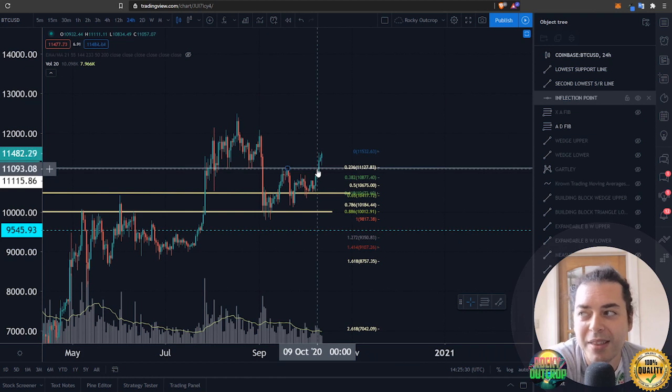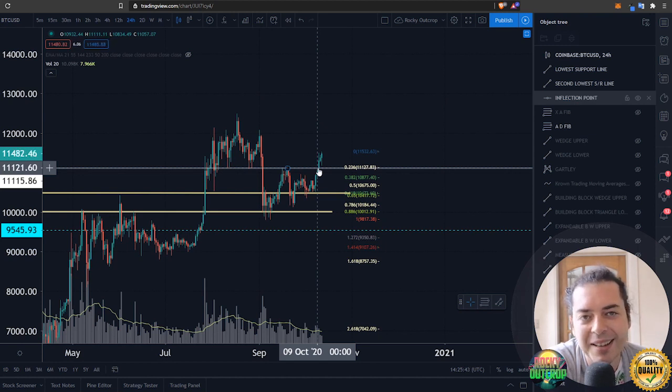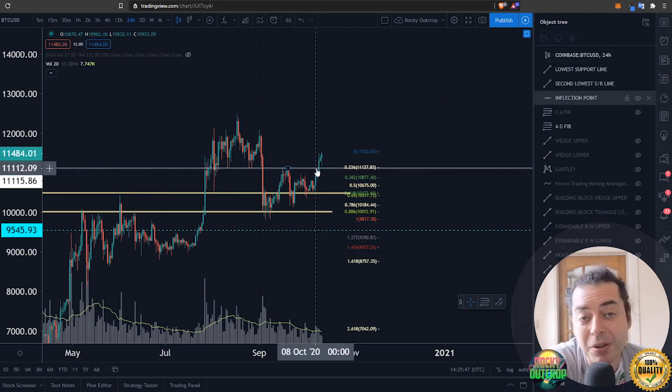If I just point the mouse up here towards this area where you see the open, high, low and close, it was 11,101.11 exactly on Friday. So, you know, technical analysis certainly does work. But I would hesitate to say to people that you should look to the exact penny points. Of course, these things are fuzzy areas rather than exact pennies.